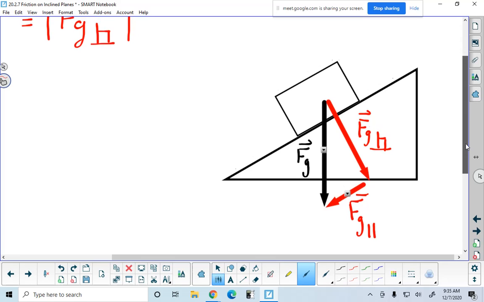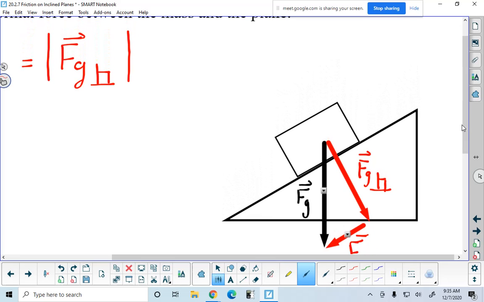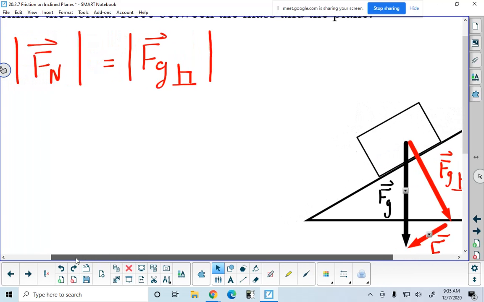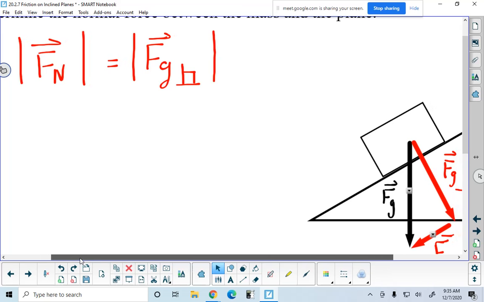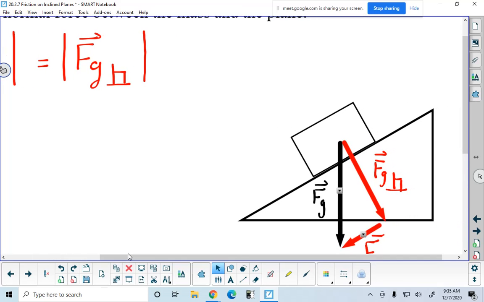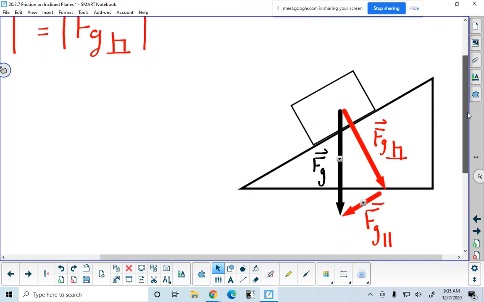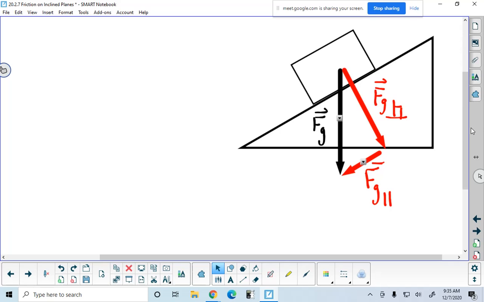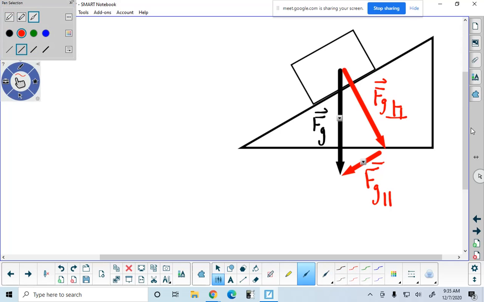And don't forget, in this question, we are trying to find the perpendicular component of the force due to gravity, because that's the normal force, which is what we are after. So how can we do that? Well, you need to understand something here, and I'm not going to get into a geometry lesson, but if the ramp has an angle of 30 degrees here, then this is going to be 30 degrees.